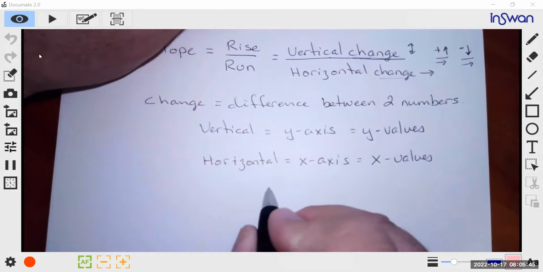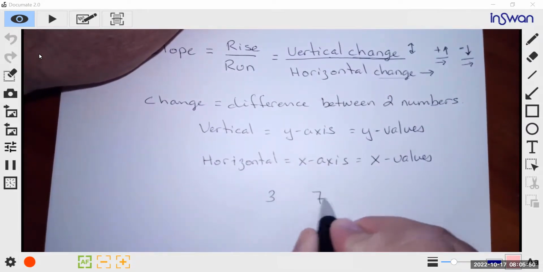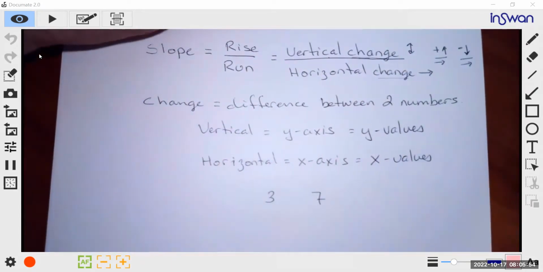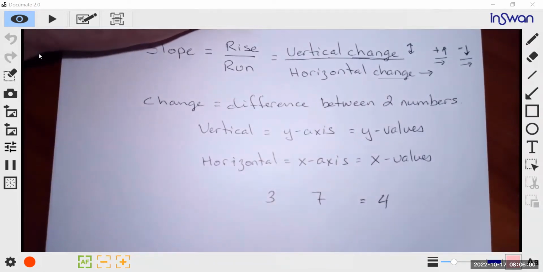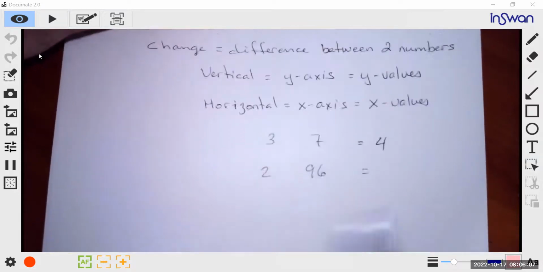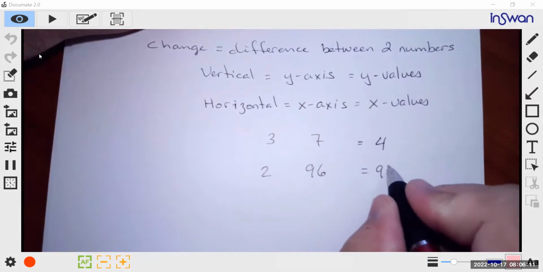So let's look at this. If we had two numbers, 3 and 7, how far are those two numbers apart? They're 4. How about 2 and 96? How far are those apart? How'd you get 94?